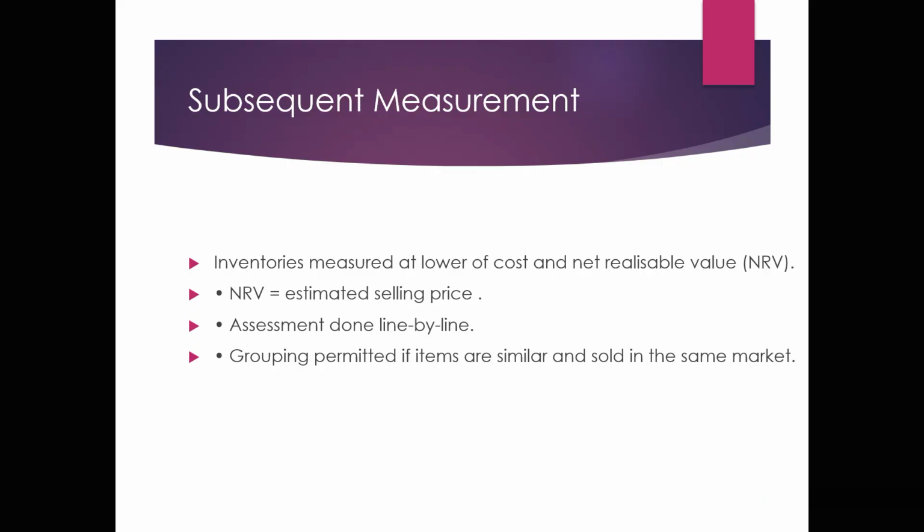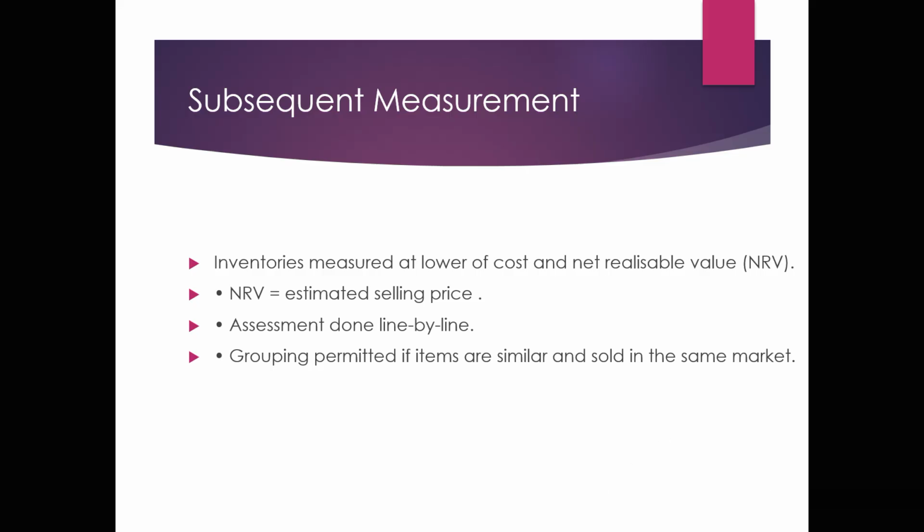Grouping, if permitted: if they are similar items, you can group them. Let's say you see a bonnet, a rod, and other parts, but they all form one single car, then group them as one inventory, a car. Does that make sense?